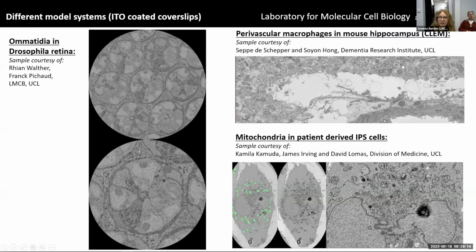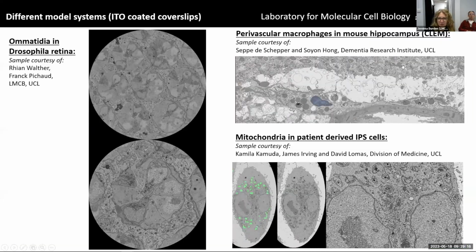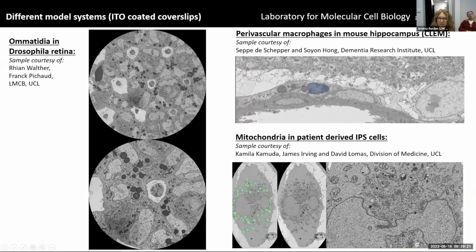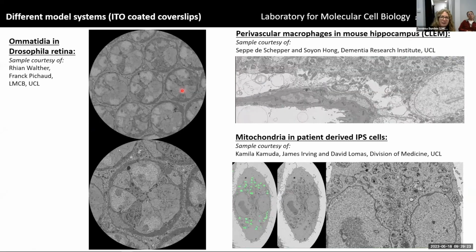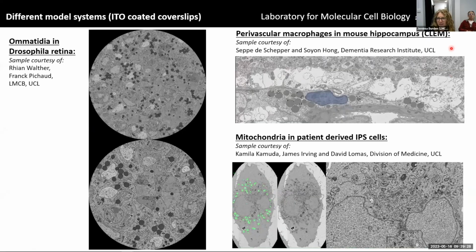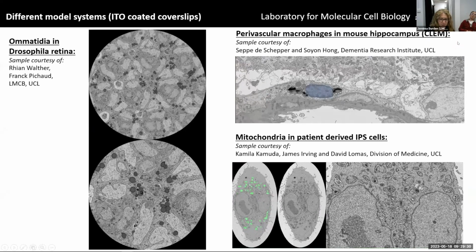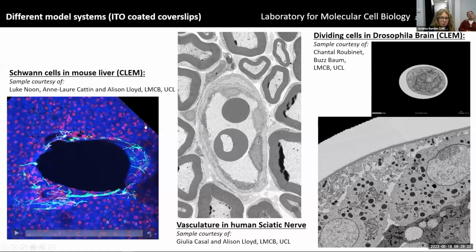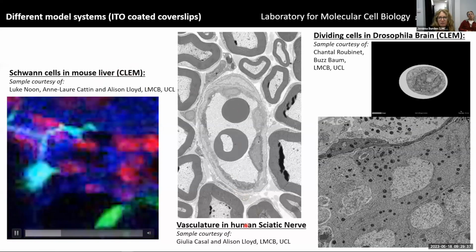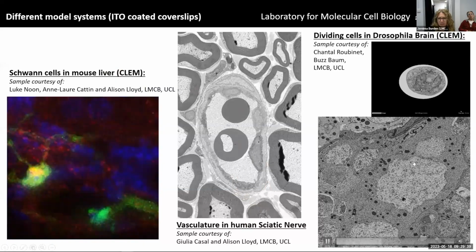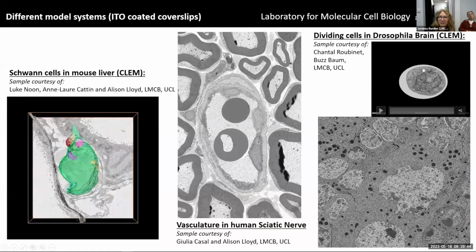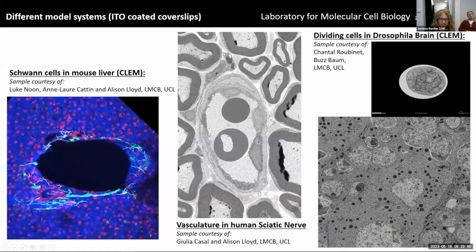And then finally, just a few examples of different model systems, whether it's cells grown on cover slips, whole retina targeted for ommatidia, or correlative experiments targeting specific cells in the mouse hippocampus, or other correlative experiments, this time in liver, or following vasculature in the human sciatic nerve, or in Drosophila. Again, some of these are clone experiments.